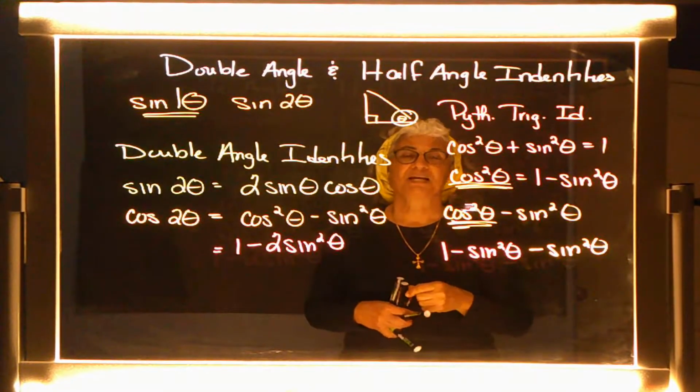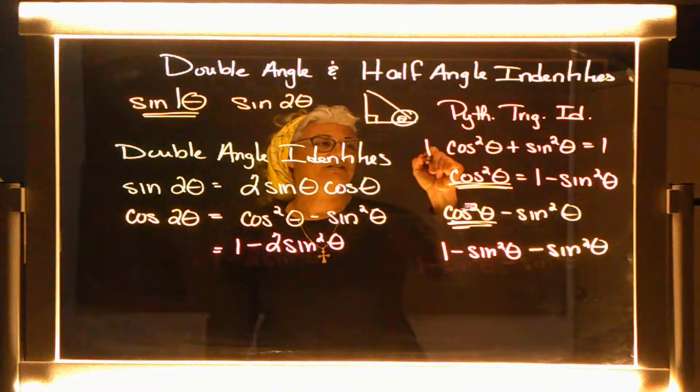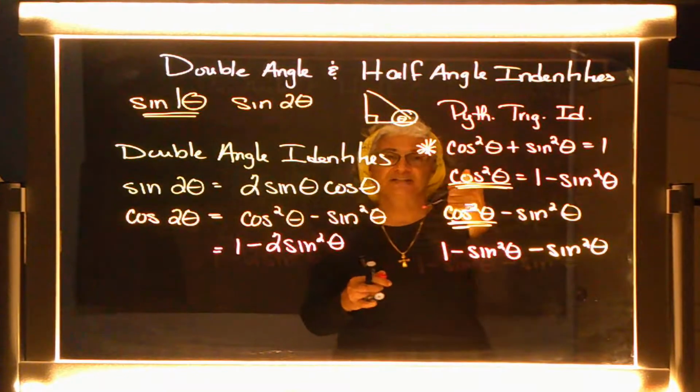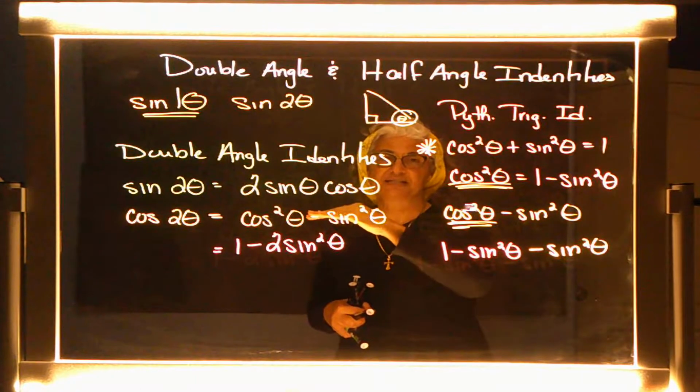Good? And all we did was we took Pythagorean's trig identity and we solved it for cosine squared theta and then made a substitution into here.